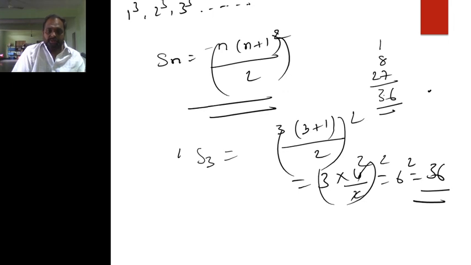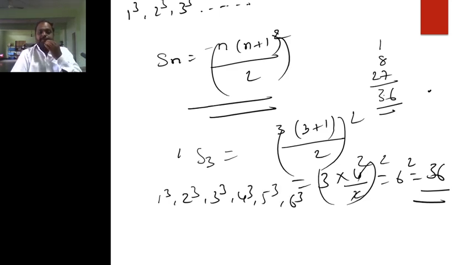Suppose the series is 1 cube, 2 cube, 3 cube, up to 10 cube. It is not easy doing it like this.